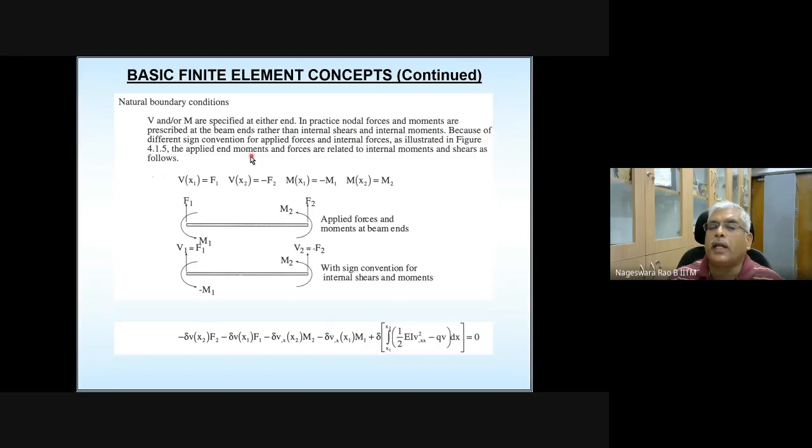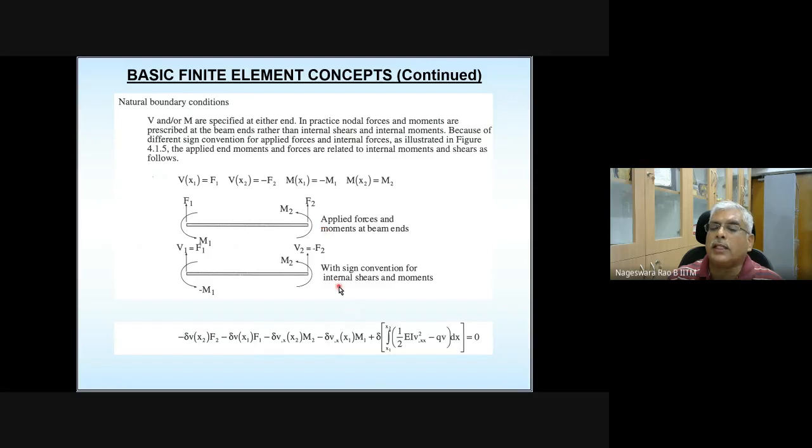Because of different sign convention for applied forces and internal forces, we need to make a note of the relation between internal forces and moments and applied forces and moments. Let the applied forces at both ends be F1 and F2, and applied moments at both ends be M1, M2.